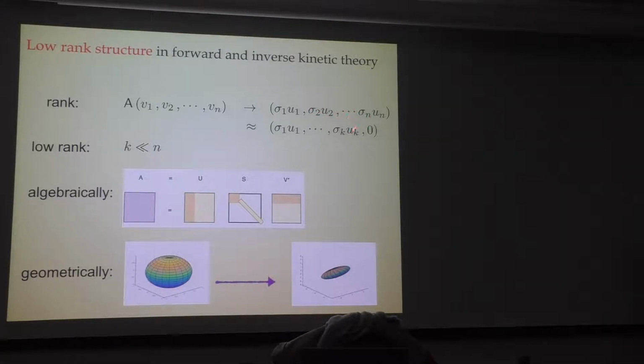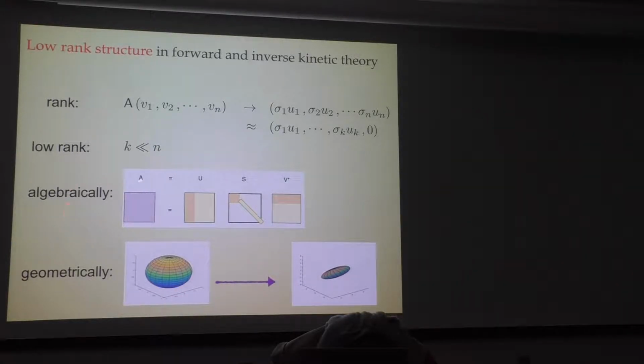If at some certain k, I know that the rest of the stretching is very small, and I truncate it off, I approximate it by 0, then we call k a k-rank approximation to the system. So the system is low rank if k is extremely small compared to the degrees of freedom m.